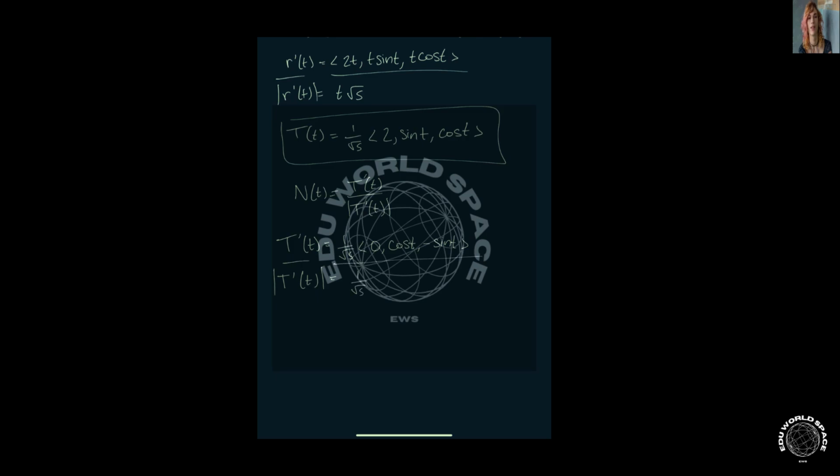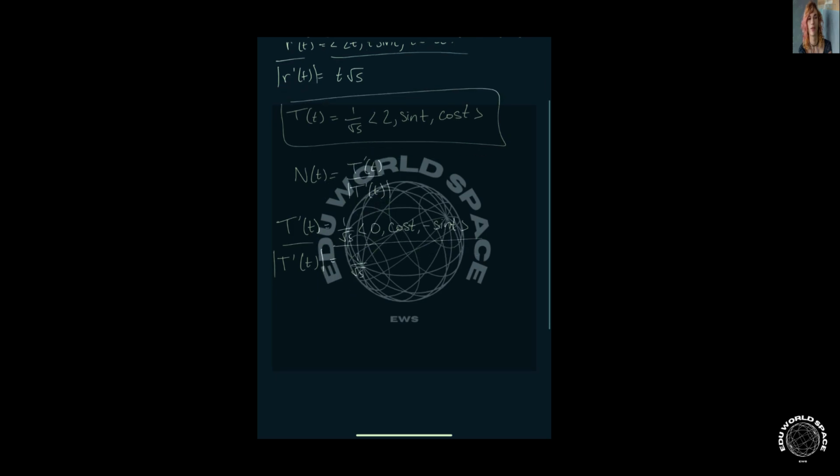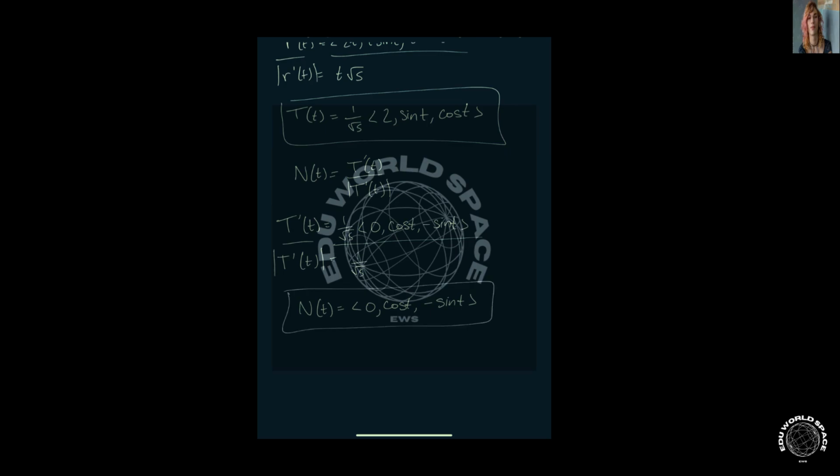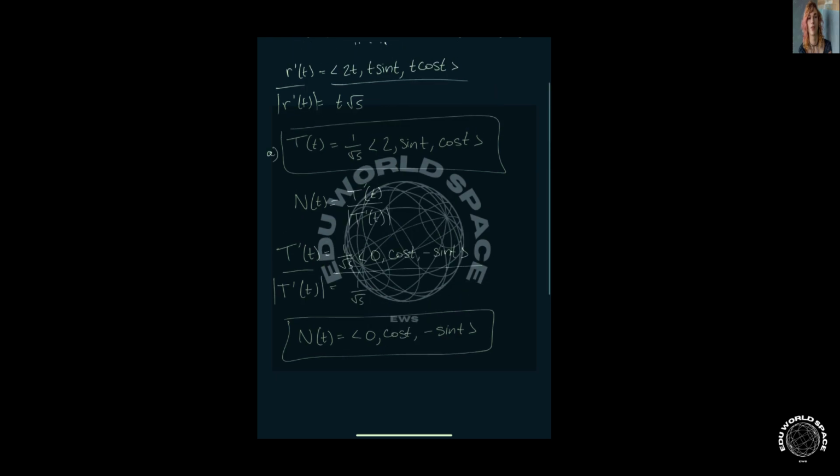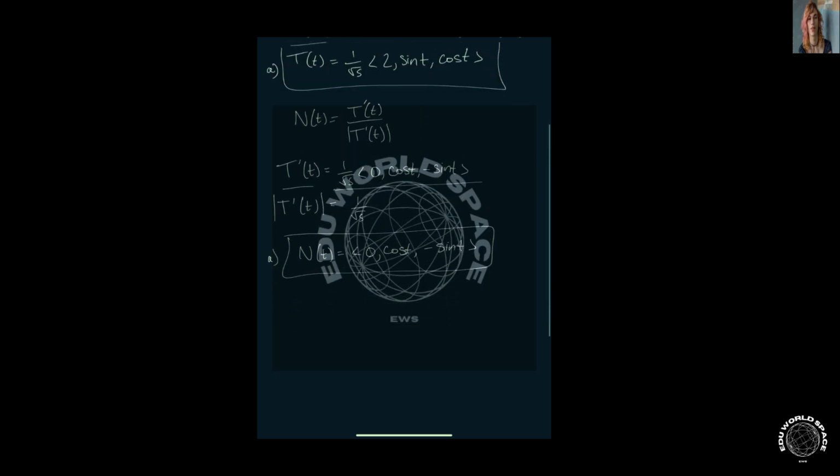And this is really nice because the 1 over root 5 is going to cancel, and we will end up getting a normal vector that is equal to 0, cosine of t, negative sine of t. So now that we have our unit tangent vector and our unit normal vector, we can now move on to part B. So this was all part A.